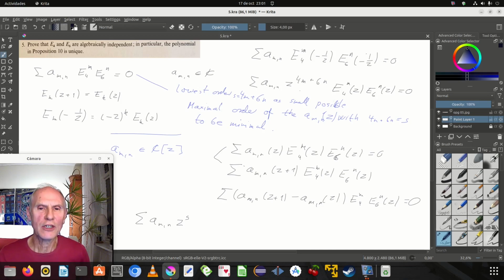If they all vanish, then we only have terms of order S here, the order of the polynomial.